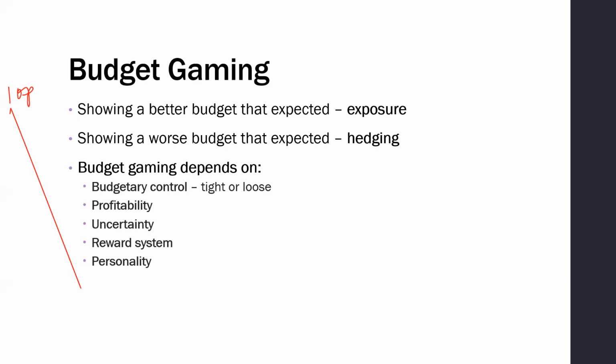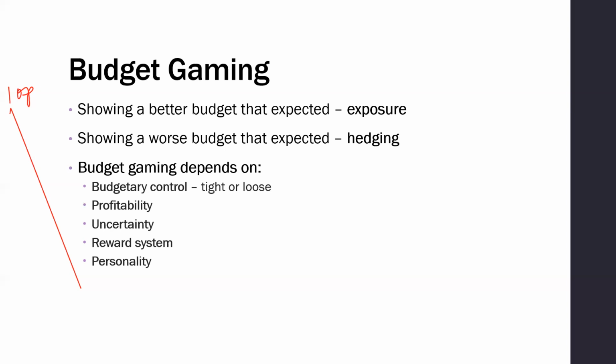And when they game the budget, the resulting budget is suboptimal for the organization. It's incumbent upon finance and controllership to review those budgets and to make sure that this budget gaming is at the minimum. So when we talk about budget gaming, it can be in terms of two things. Number one, showing a better budget than expected, which is the exposure type of gaming, or showing a worse budget than expected, say hedging. Okay?